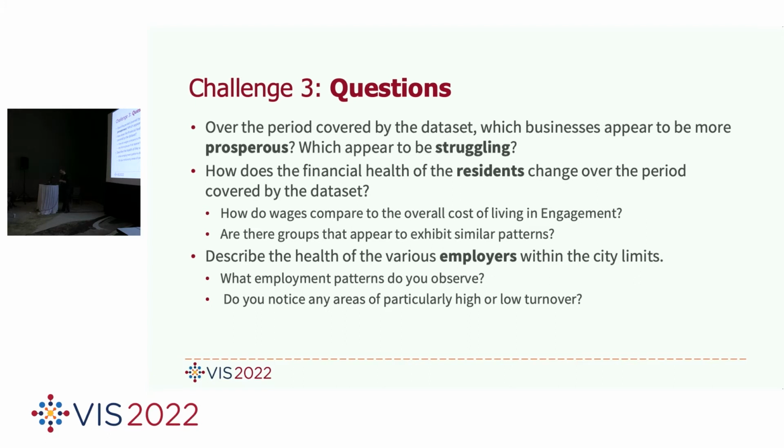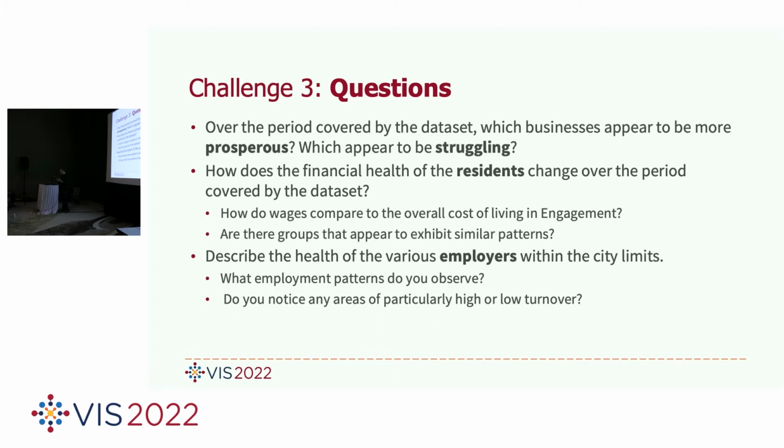The first was that over the period of time covered by this data set, which businesses appear to be more prosperous and which ones appeared to be struggling? And we really left it to the teams to figure out from all of that data that Jordan showed earlier, what does it mean to be prosperous? We've got revenue, transactions, maybe number of visits from different customers. All of these things could be factored in there.